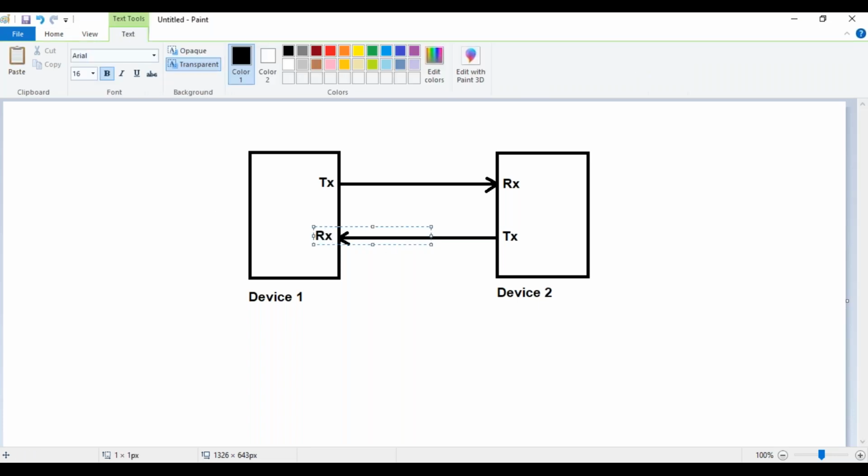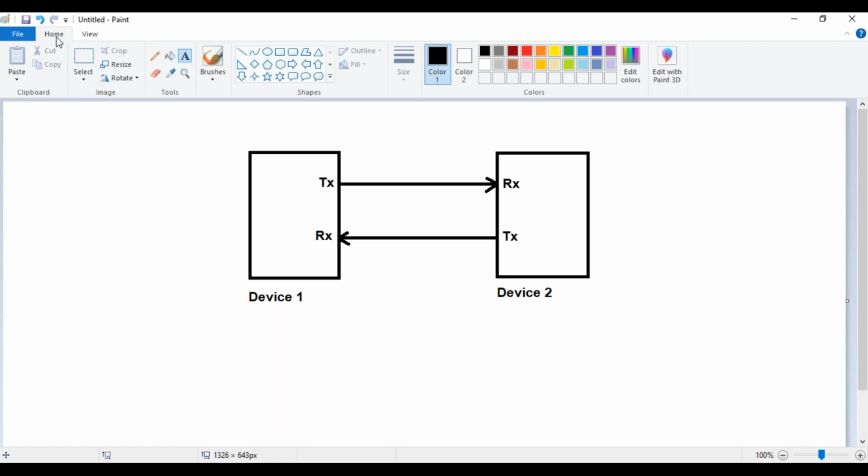Next, not just this. When the communication gets established between these two devices, both the devices should be commonly connected to ground. So that is important. When you are trying to achieve the UART communication protocol, the two devices have to establish a common ground connection. Okay, so it's something like this.